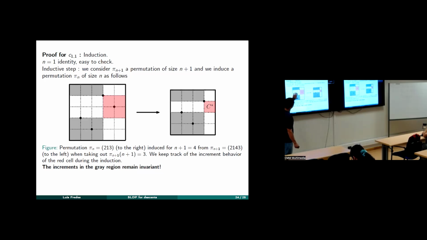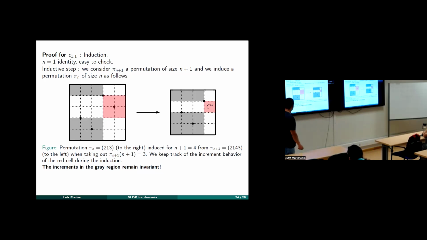And as a matter of fact, the gray cells inject in some sense when we deconstruct this permutation. We mark this cell in order to have an injection. So the gray ones will remain invariant as increments in the direct and in the inverse permutation. So we have to keep track of these fibers.